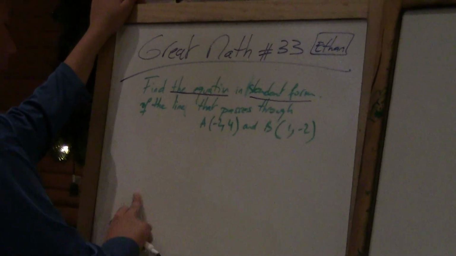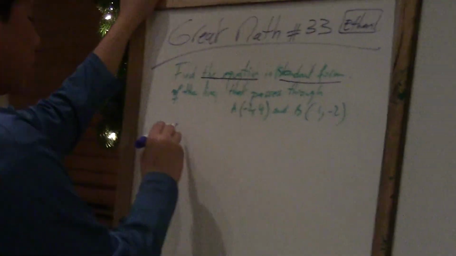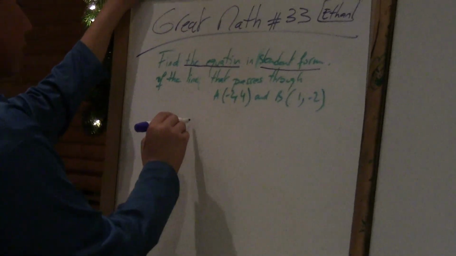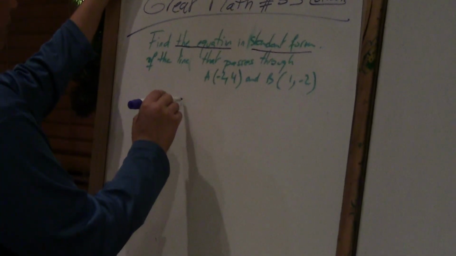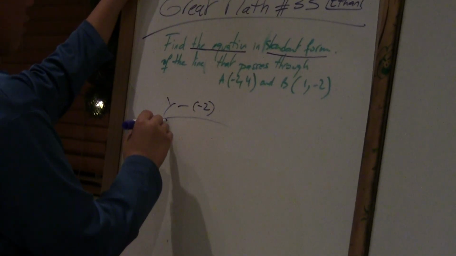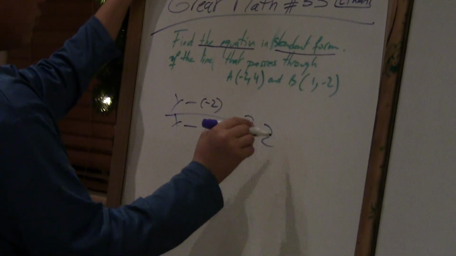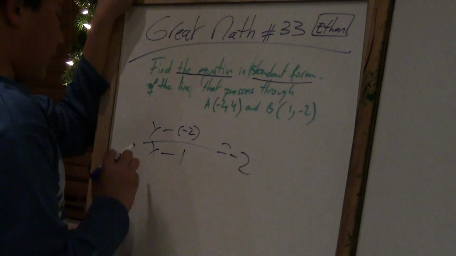If I were you, I would take the more recent point. So y minus -2 over x minus 1 equals -2.